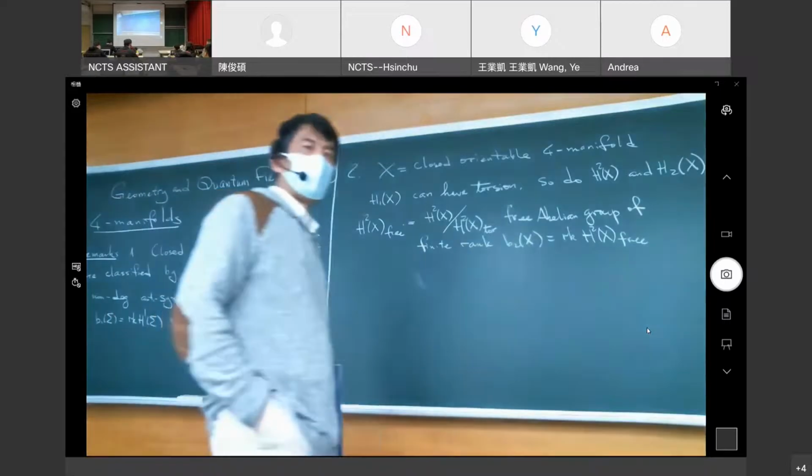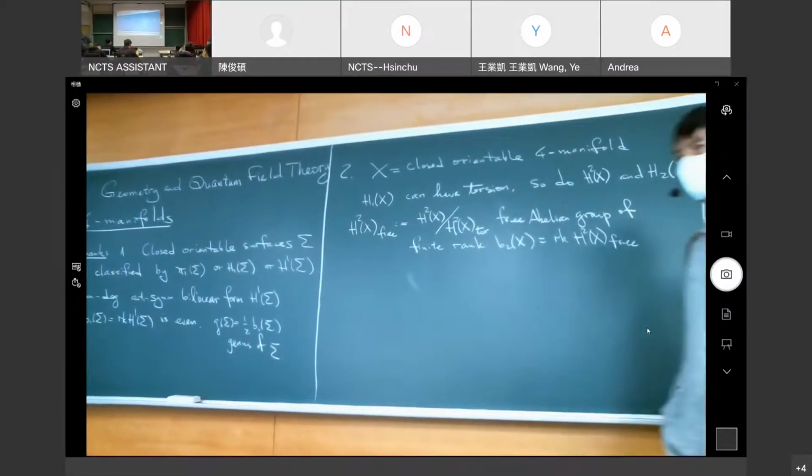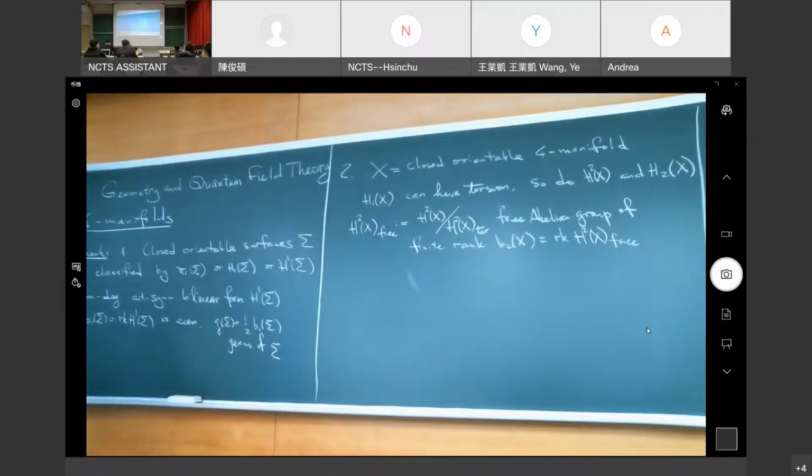So that's about H2. But on the other hand, we could also look at whether the manifold is simply connected or not. Most of those surfaces are not simply connected.